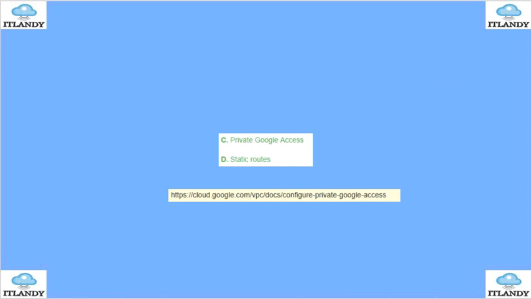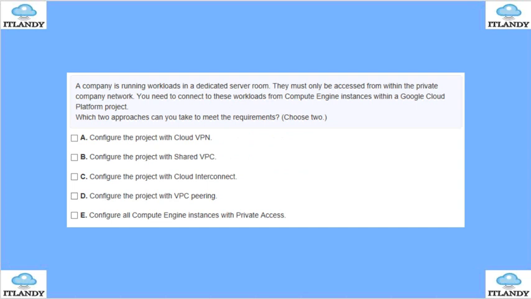Next, a company is running a workload in a dedicated server room. It must only be accessed from a private network. You need to connect to this workload from a Compute Engine instance within Google Cloud Platform. What are the two correct answers?